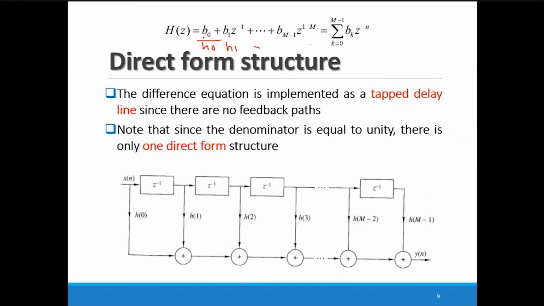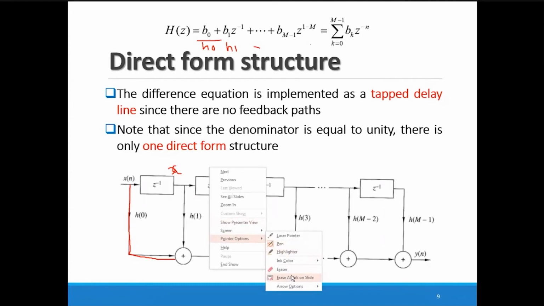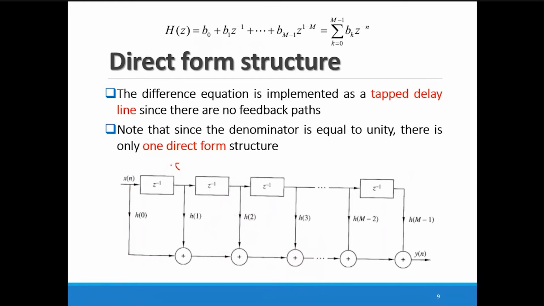The first term is h0, so x of n is multiplied with h0 and then given to the adder. The second term is h1 having 1 unit delay, or you can say it is multiplied with z inverse. So here you are getting the term x of n minus 1, because you are applying 1 unit delay.